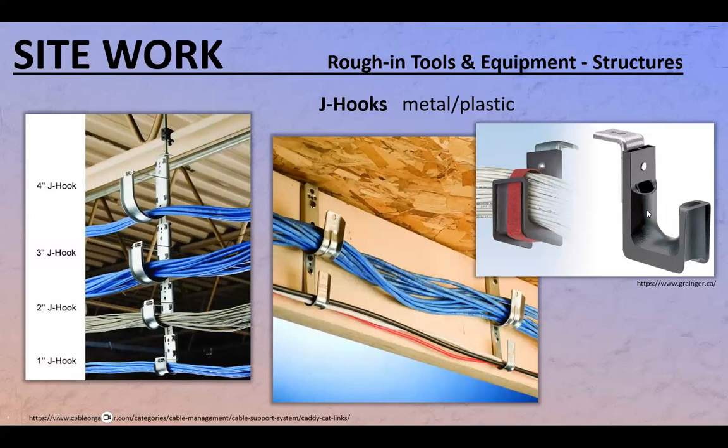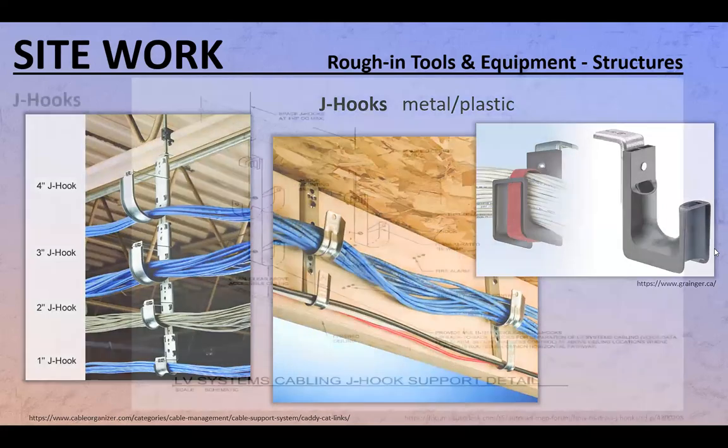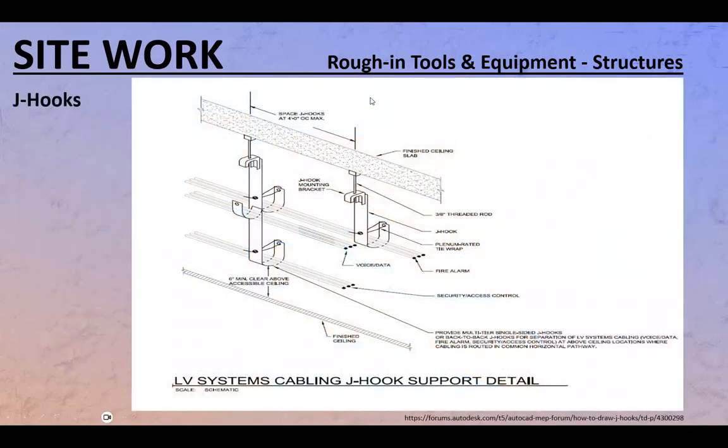And depending on how they're going to be used, this one, for example, is ceiling mounted J hook. This one is a wall mounted, and this one here is well, it can be mounted on a threaded rod. So depending on how you're going to use it, you just get those accordingly. All right. Here's another example of J hooks.